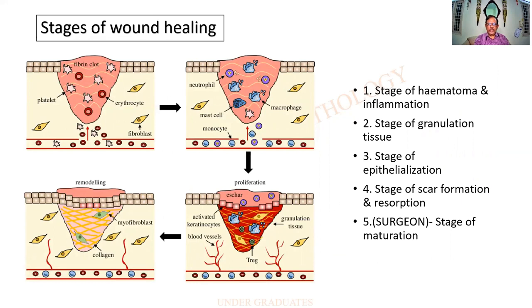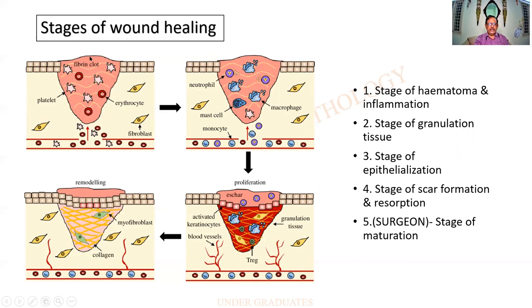Whatever be the type of wound healing, we should understand the basics first. And this is a very nice diagram which you people can simplistically draw. There is a lining epithelium, and this is the defect, and subsequently there are some stages. Initially, you find this red color indicates a blood clot or a hematoma formation.